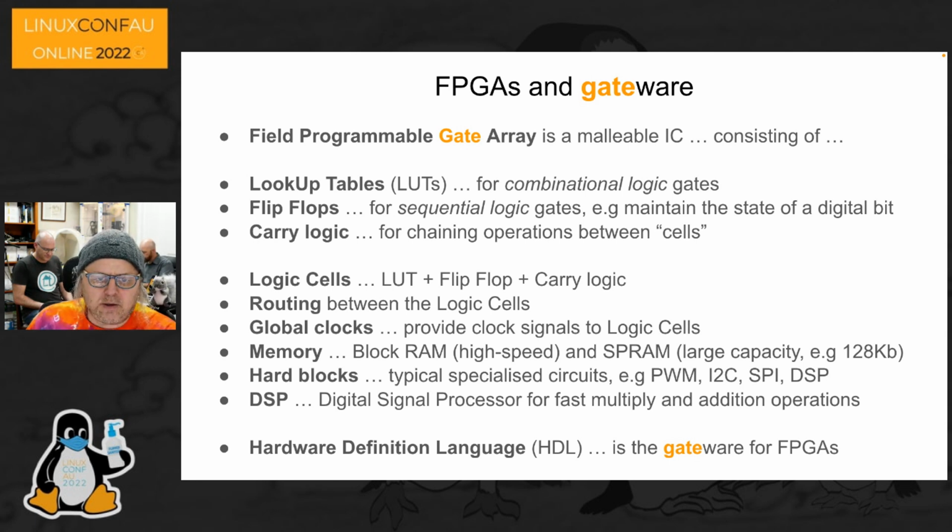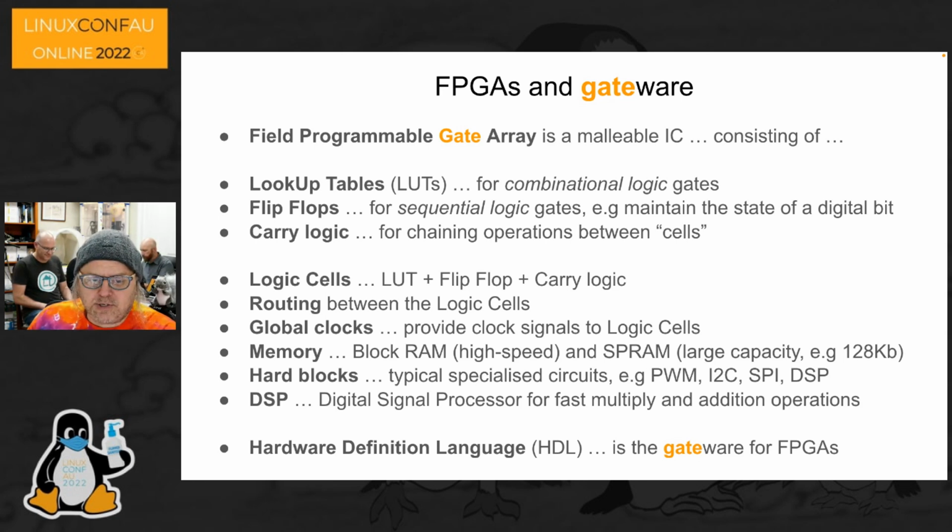The other thing an FPGA has is the routing between logic cells. You also have clocks, which provide clock signals out to all these cells to synchronize them. And in the case of the FPGA that's chosen, there's also a fair amount of memory. You've got 128 kilobytes of RAM.